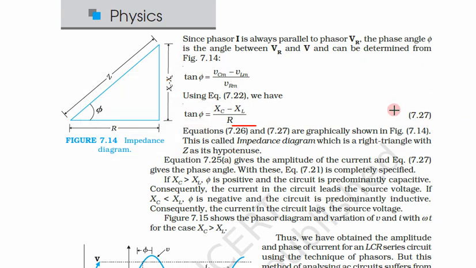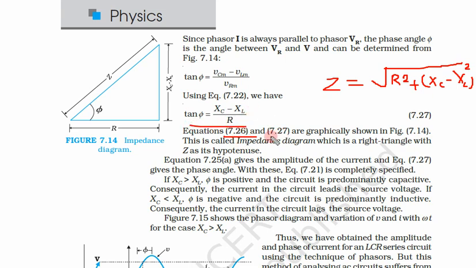Now let us see equations 7.26 and 7.27. Equation 7.26 was the equation for impedance, that means Z is equal to the square root of R square plus Xc minus XL whole square. Equations 7.26 and 7.27 are graphically shown in this figure.